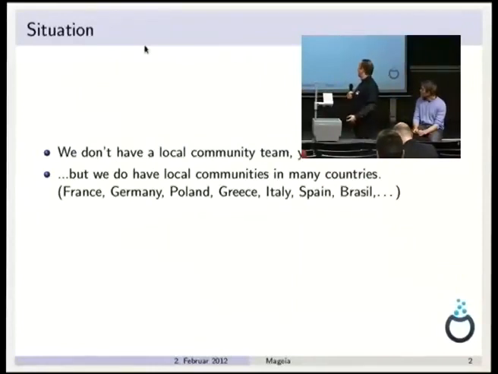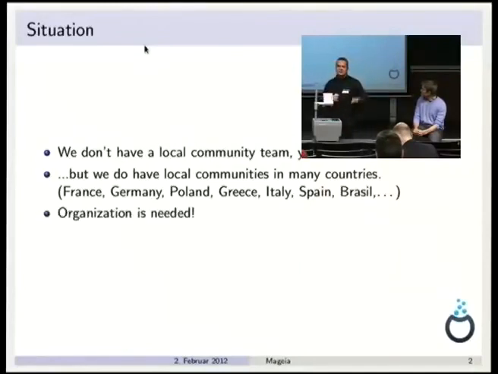But there are also groups in Poland, Greece, Italy, Spain, and Brazil. I don't know about the United States or Australia or Canada or something like that. So our main goal is to get organized, and my main goal here is to see what others do and how they do it, to learn from them.